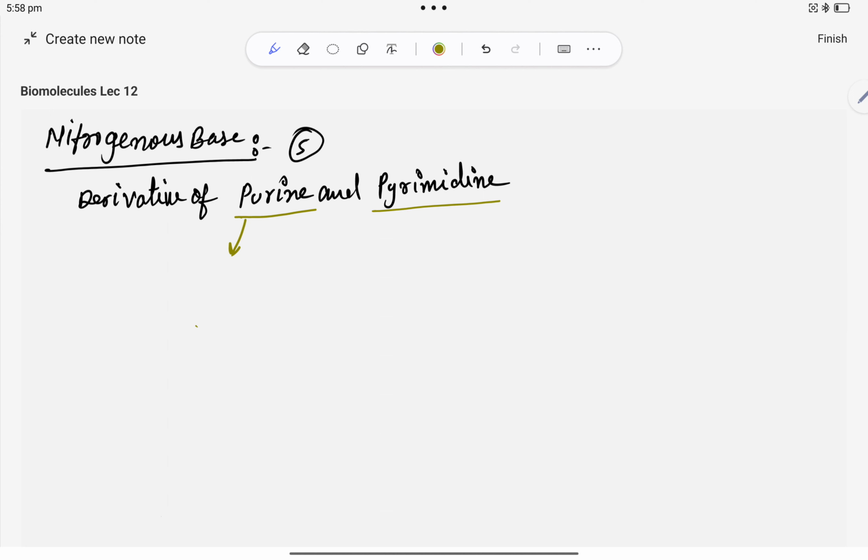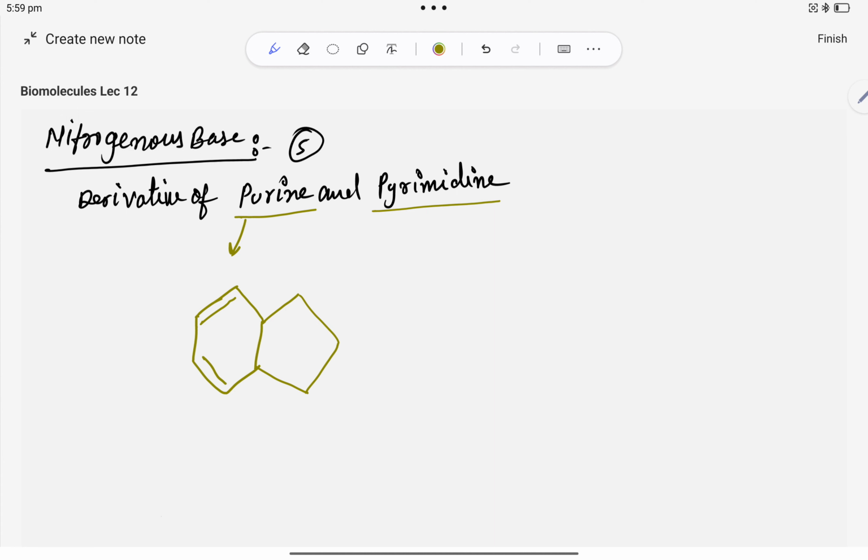Check it properly because it is not easy and no need to learn.